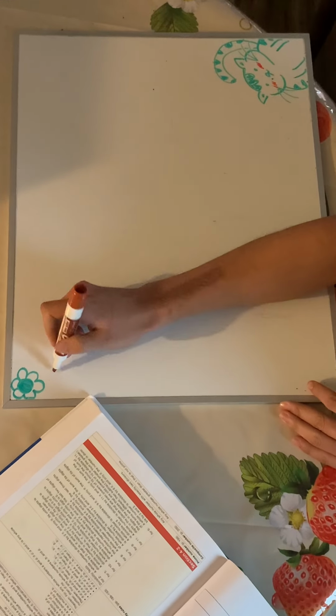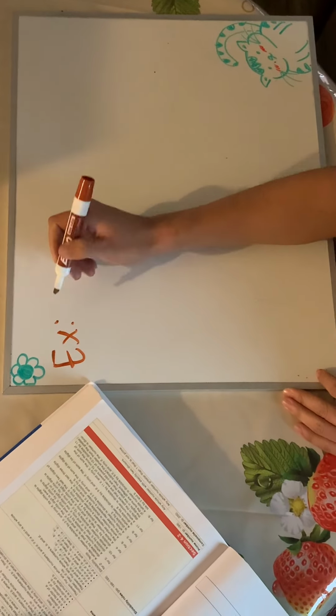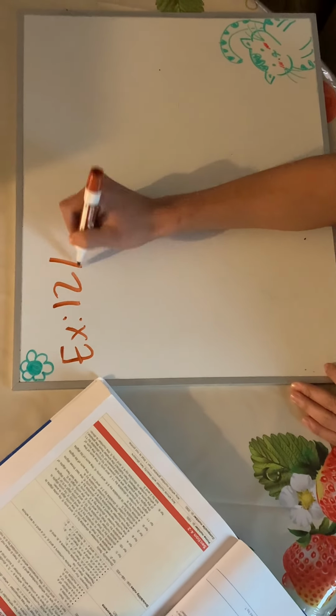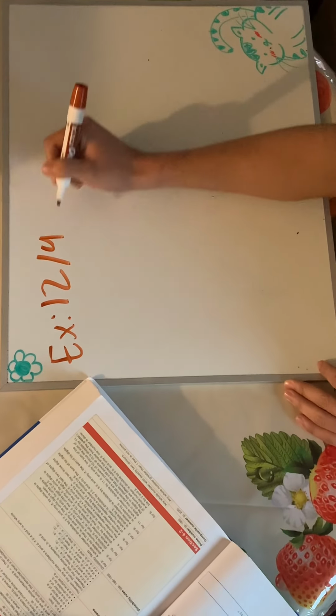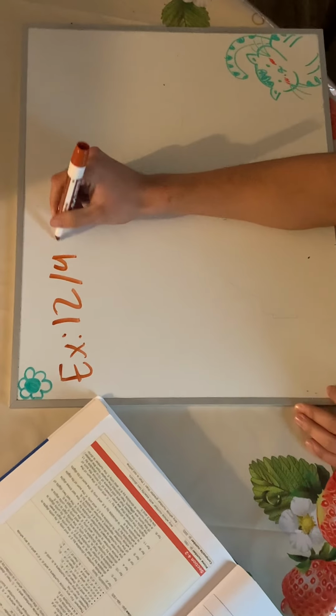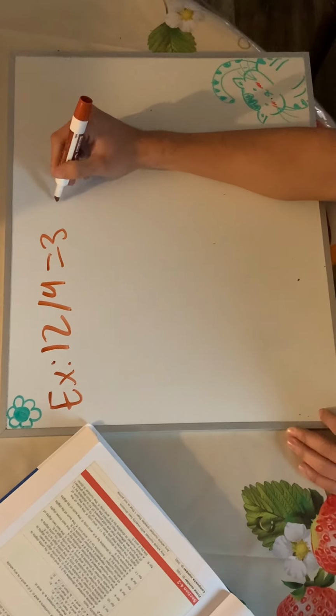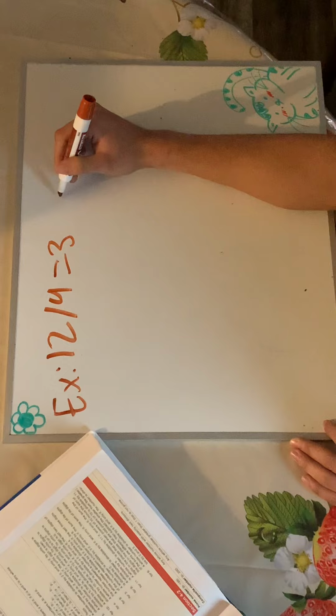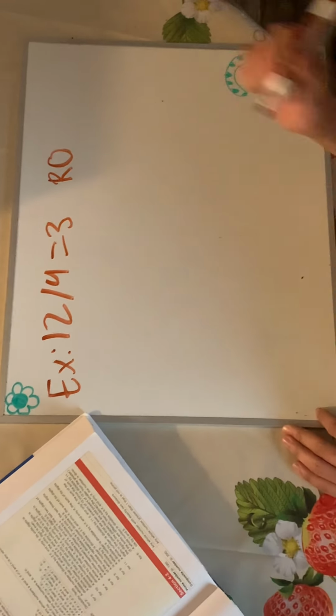An example for that is 12 divided by 4. We know that 12 divided by 4 is 3 and it gives us a remainder of 0.